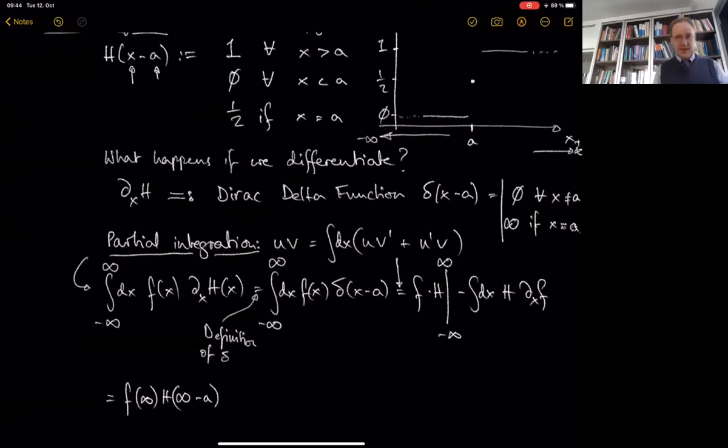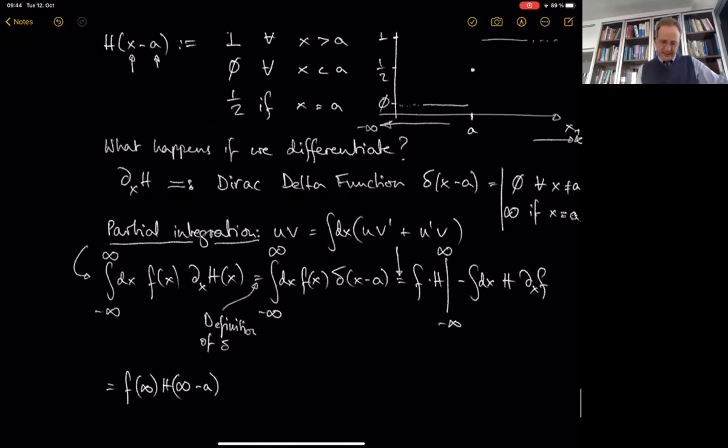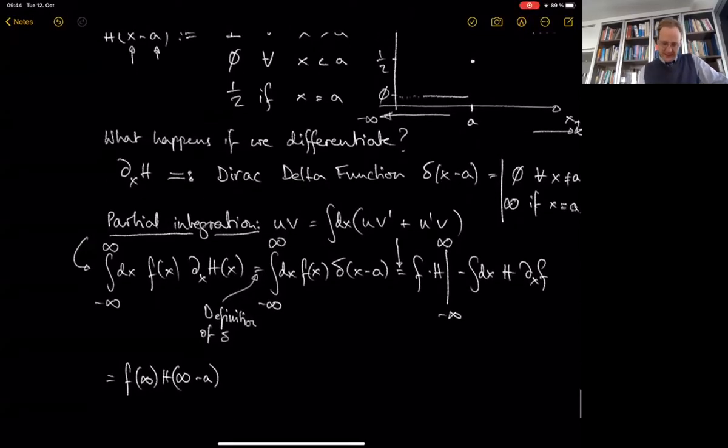Now infinity minus a constant is still infinity, so this is 1. And then we have minus f of minus infinity times h of minus infinity minus a, and minus infinity minus a constant is still minus infinity, so here h must be 0 per our definition above.